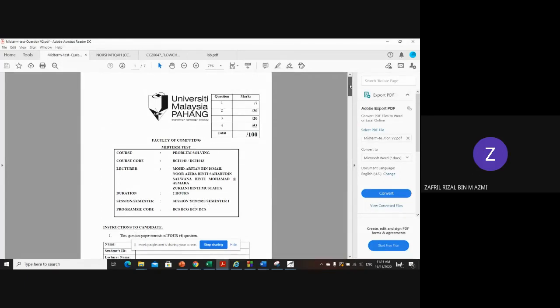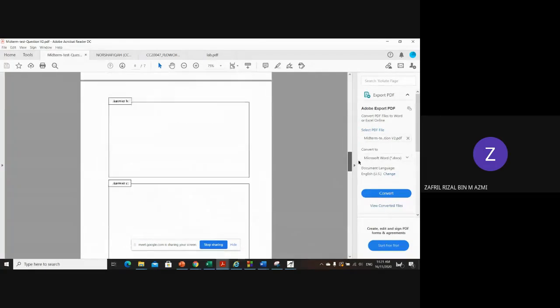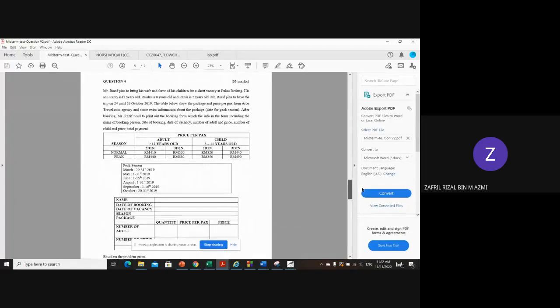This is also quite recent. So you can go straight away to question 4. The rest you don't have to answer. We are going to focus our discussion on question 4.